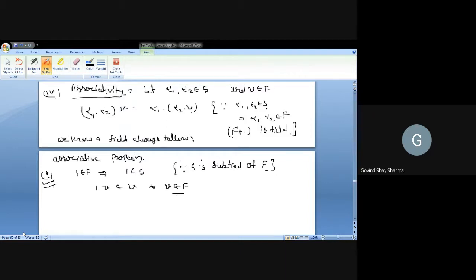By the above, we see that F plus dot satisfies all the conditions of a vector space.